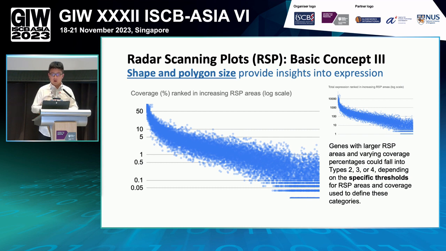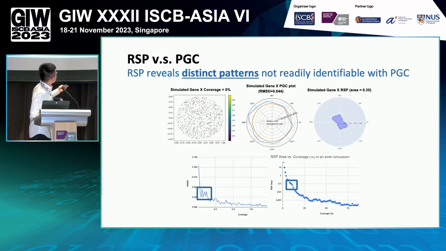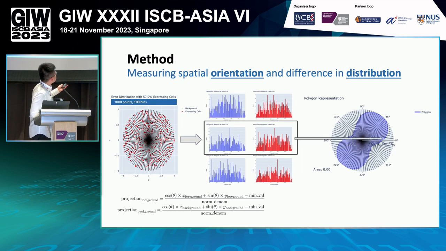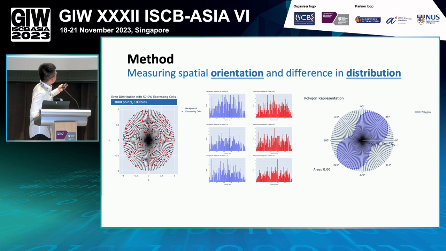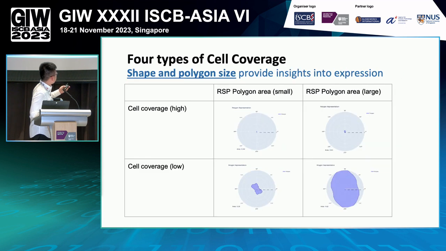With these larger areas, at various coverages over here, you will tend to see them falling into the other 3 types of genes that we have previously noted over here. So type 2, 3, and 4 are these 3.